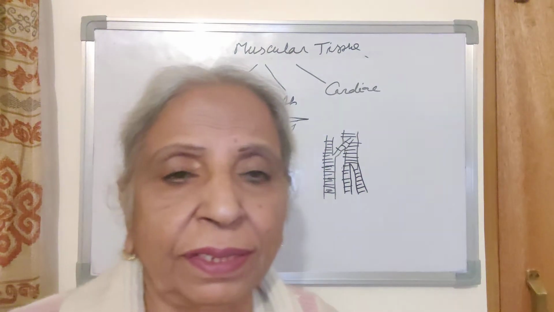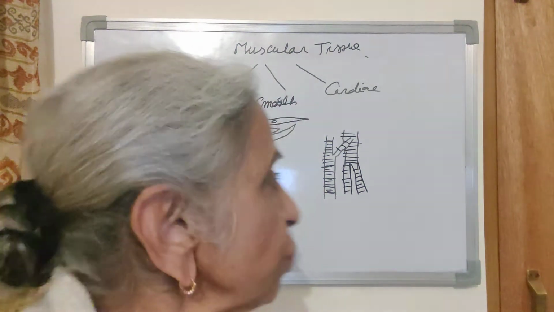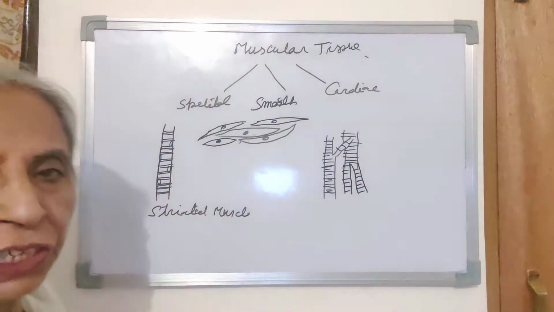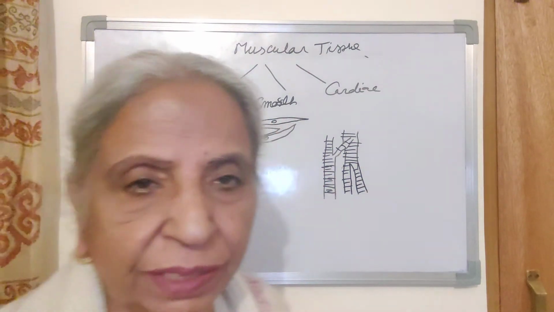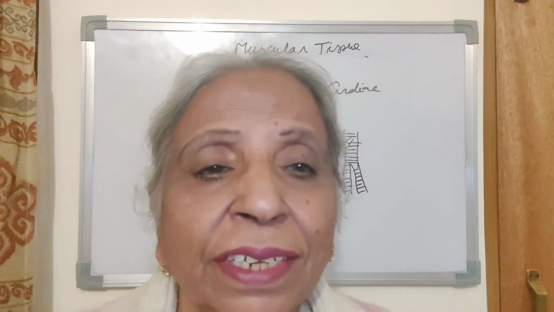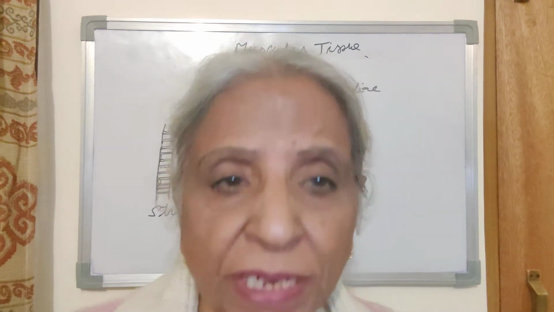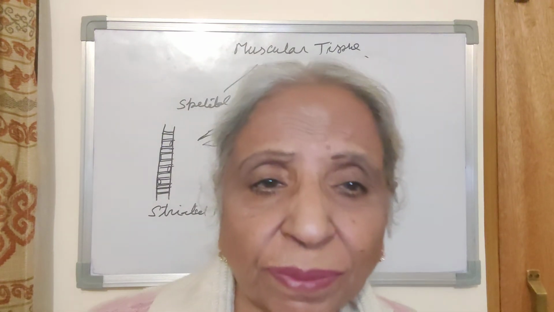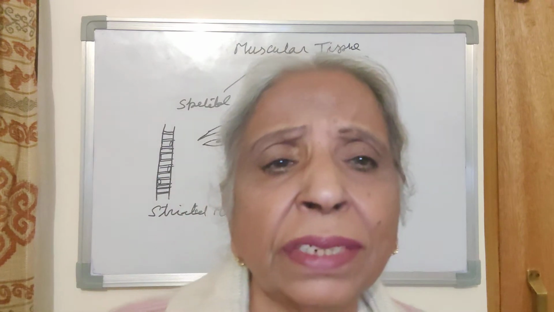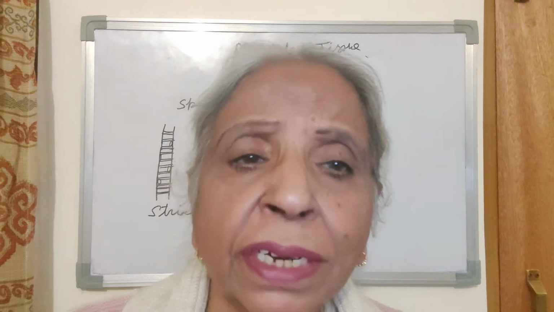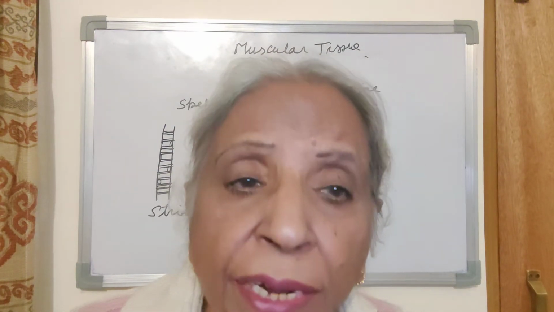Then there are smooth muscles. Smooth muscles are formed of cells which are spindle shaped. They are uninucleate. They are present in the hollow organs of the body, and around the blood vessels as well, as in the intestine, liver, kidney, and lungs.